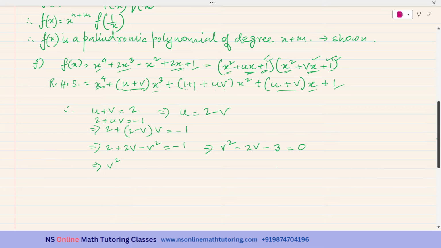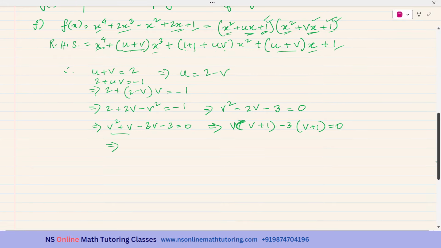This will be v square plus v minus 3v minus 3 is equal to 0. I can take v as the common term from the first two terms, so it is v plus 1, and minus 3 as the common term from the next two terms, it is v plus 1, equal to 0.